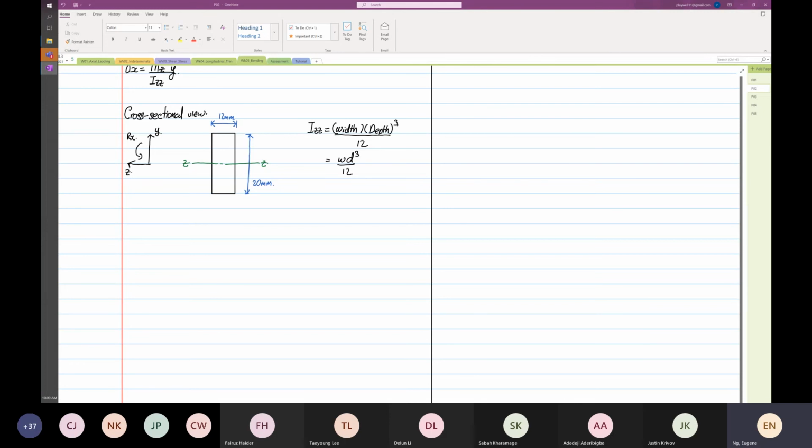I think I touched on this in the shearing stress before, but I want to do it again. Any geometry that is parallel to the z-axis, this is parallel to the zz axis, yes or no?